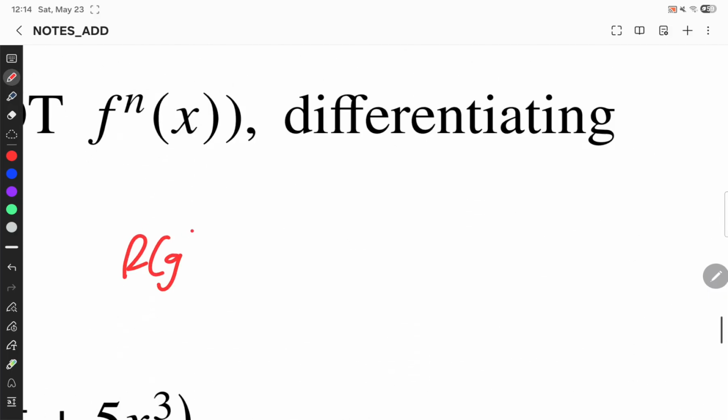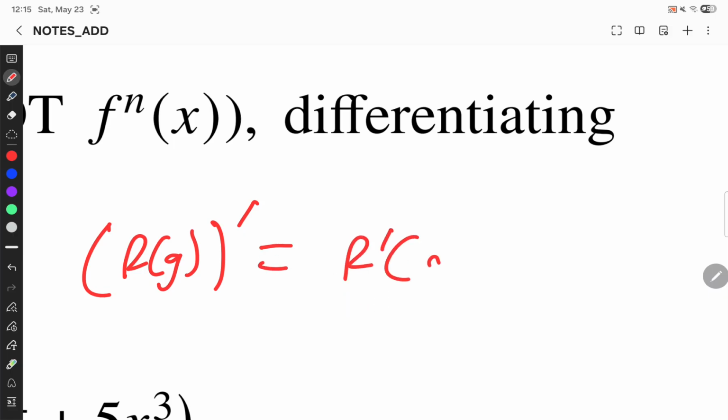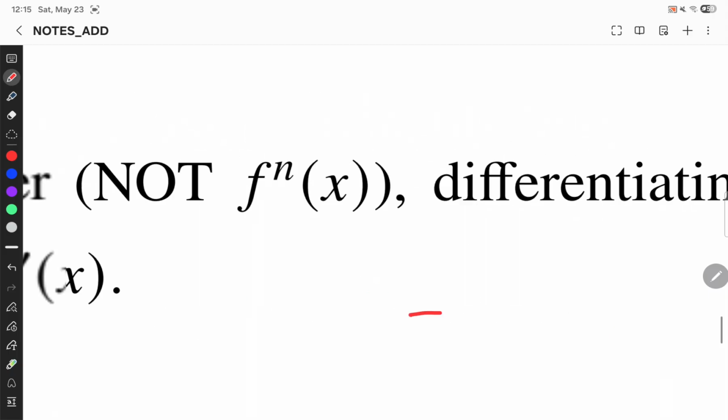If we have a composite function f of g and we are taking its derivative, then we get the derivative of the outer function with the inner function as the input, multiplied by the inner function's derivative.